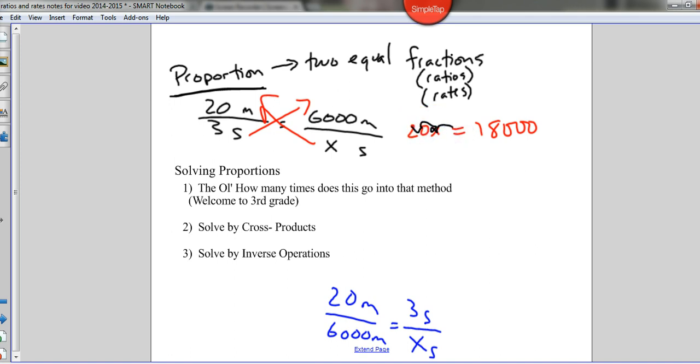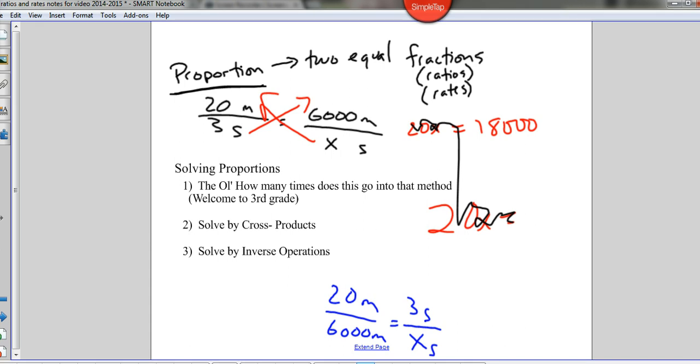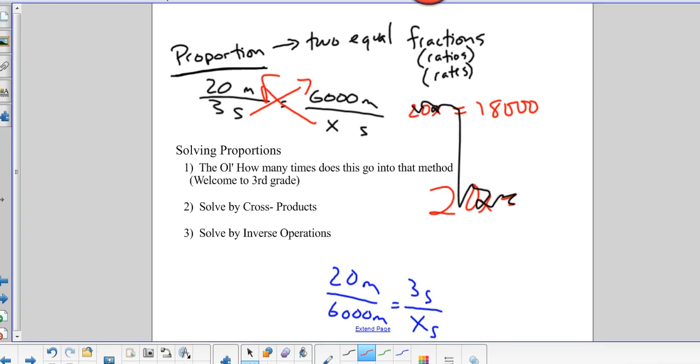So this is 20x equals 18,000. Then I divide by 20, and we know I get 900.